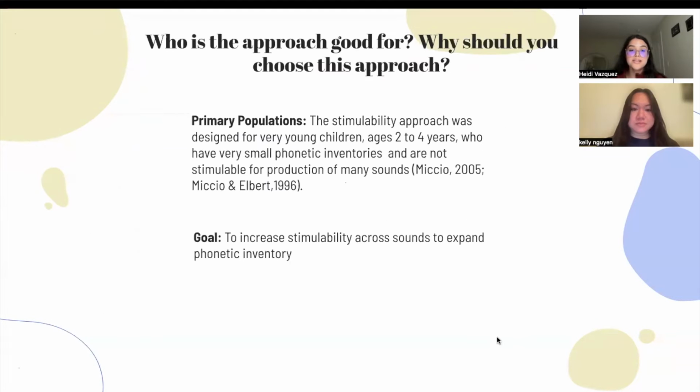So, who is this approach good for? Why should you use this approach? The primary population: the stimulability approach was designed for very young children, ages 2 to 4 years, who have a very small phonetic inventory and are not stimulable for production of many sounds. The goal here is to increase stimulability across sounds to expand phonetic inventory.